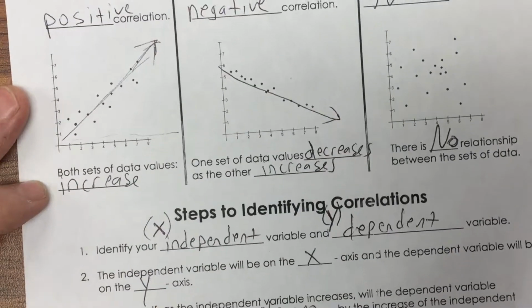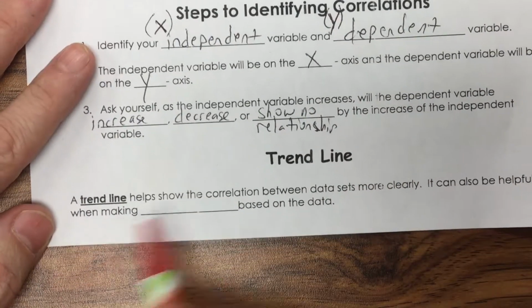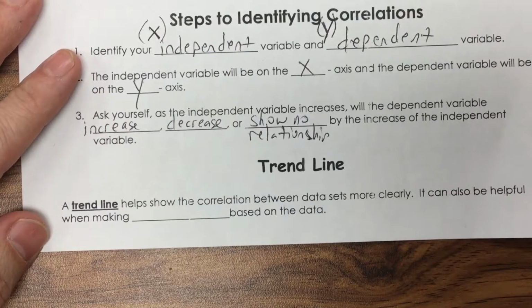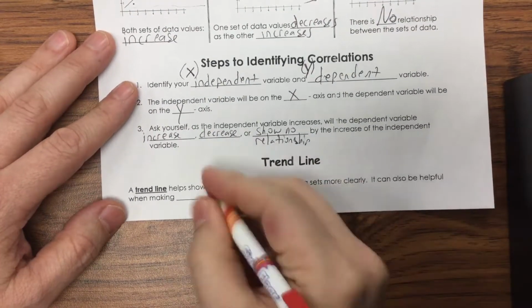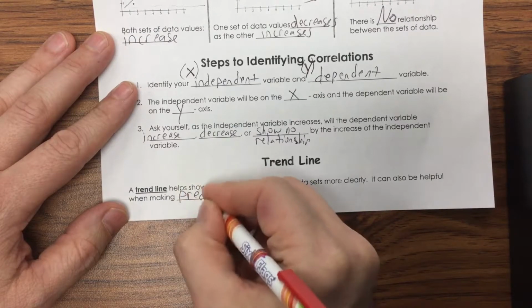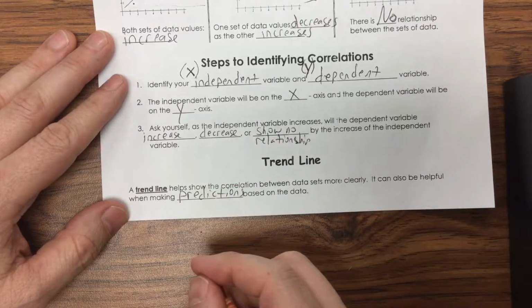All right? Let's talk about a trend line. A trend line helps show the correlation between data sets more clearly. It can also be helpful when making predictions based on the data.